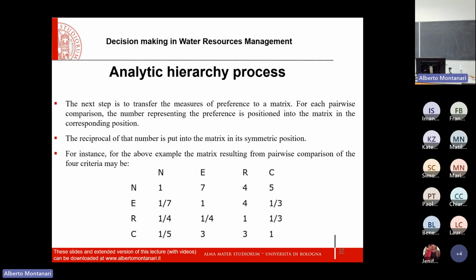These numbers are purely indicative. It's just a guess. You can revert the order. If you want to give more score to the CO2 emissions, this is fine. I mean, you can devise the matrix as you want. On the other hand, you have to respect the fact that in the opposite position, you have to place the inverse of the value that you just computed.